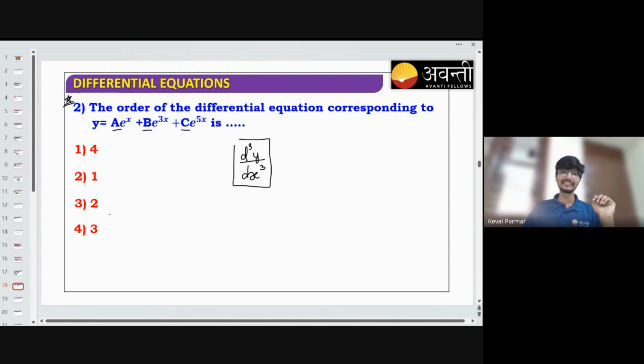Order is 3. That means option D or option 4. Got it? So from here, we can easily write a note that number of arbitrary constants equals to order of differential equation.